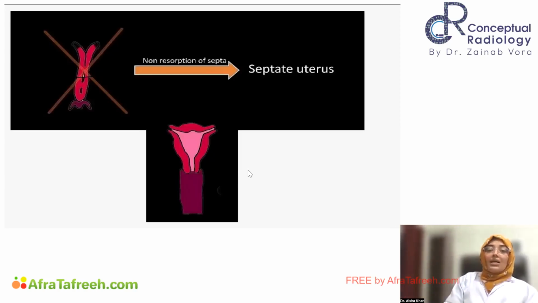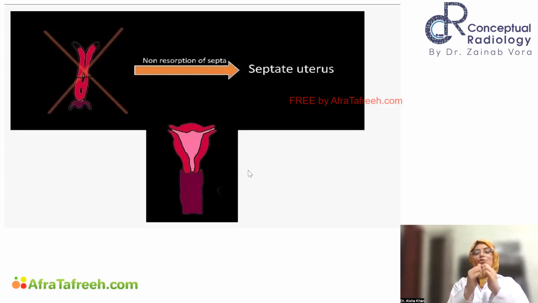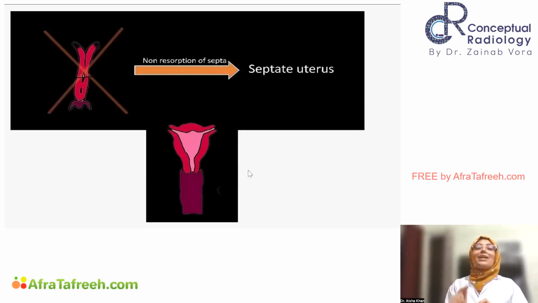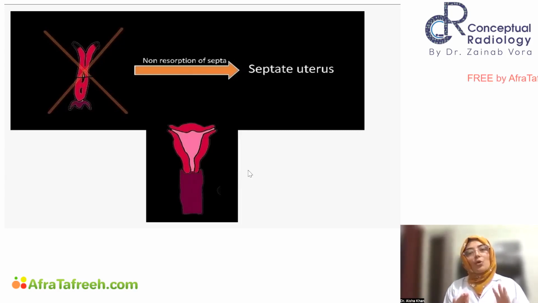Next step mein, if the septal resorption is not happening, if the septa is not getting resolved, so you can have a septate uterus, you can have a septate cervix, and you can have a septate vagina as well. That is a longitudinal vaginal septum or a transverse vaginal septum at this level, if resorption of septa is not happening properly.